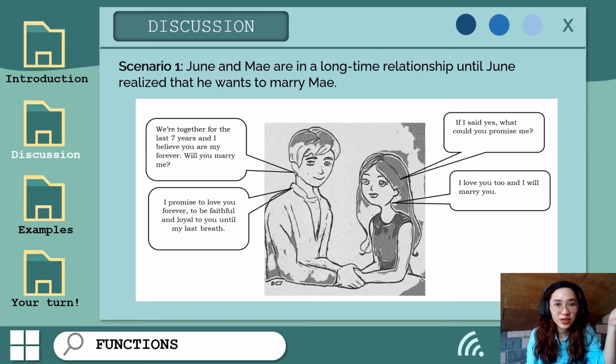As you can see, we have an ordered pair here, na kung saan ang first element natin represents June at ang second element natin represents May. There is a relationship of a boyfriend-girlfriend or a husband and wife, wherein June represents the set of males or husbands and May represents the set of females or wives.